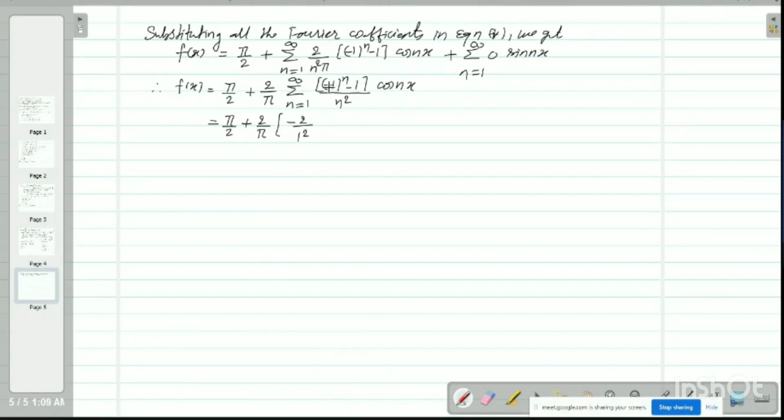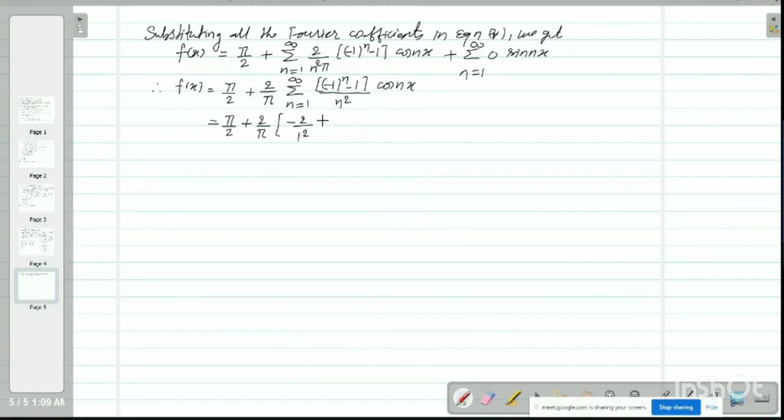If n is 2, this is minus 1 square, that is plus 1 minus 1, 0. So for even n, this series will be 0. And if n equal to 3, this is minus 1 and minus 1, which is minus 2 times, and cos will also come.